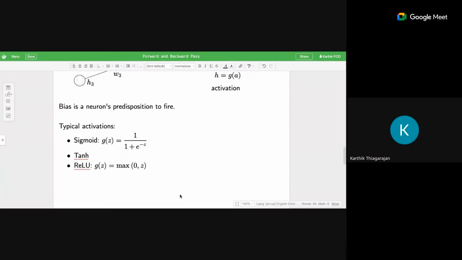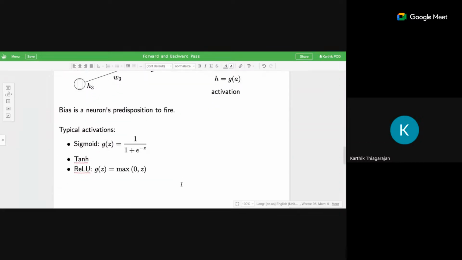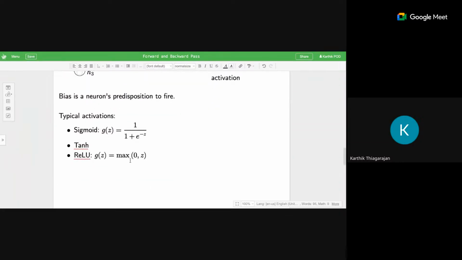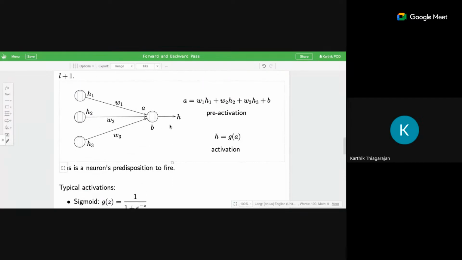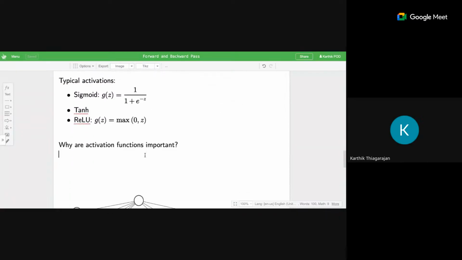You'll see why activation functions are needed, but before that, does anyone already know why activation functions are important? Yeah, to introduce non-linearity. If you have no activation functions, your network will be computing a linear function of the inputs.